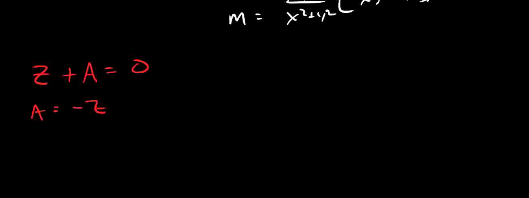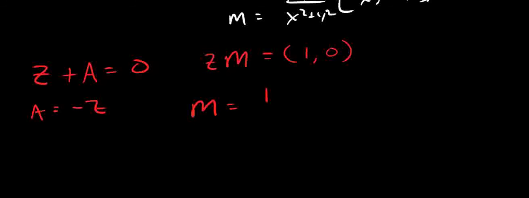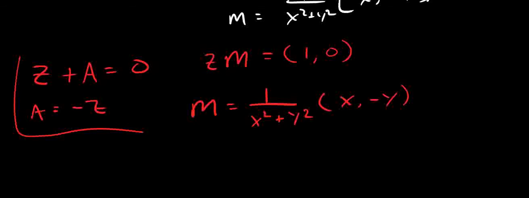And for our multiplicative inverse that satisfies z times m is equal to 1, 0, m is equal to 1 divided by x squared plus y squared times x, comma, minus y. All right, so this should be the main takeaway from this video.